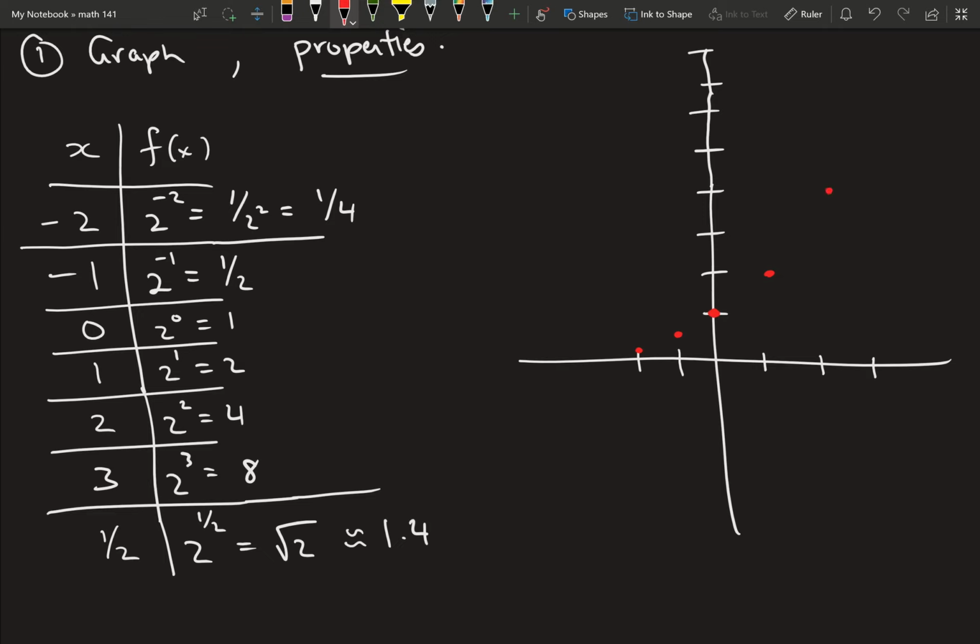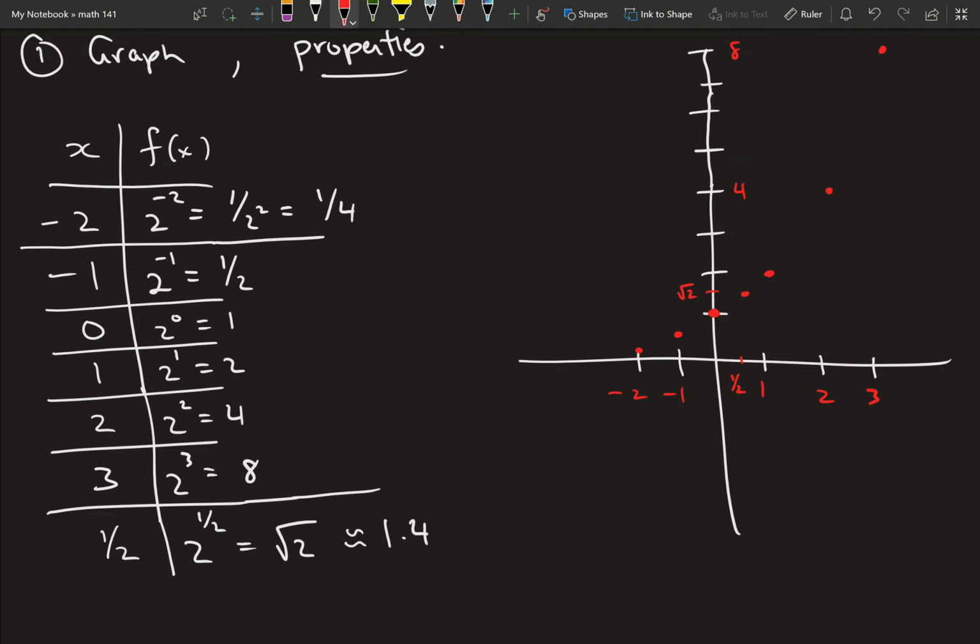At 3, we have 8, so we have 3, 8, something like this. So notice that this graph is growing really fast. Of course, at a half here, we're at the square root of 2, which is somewhere over here.